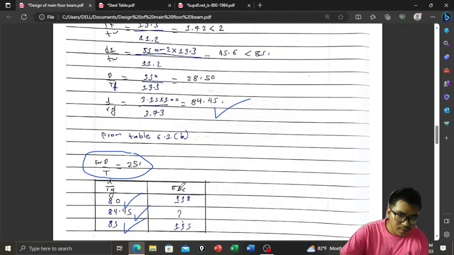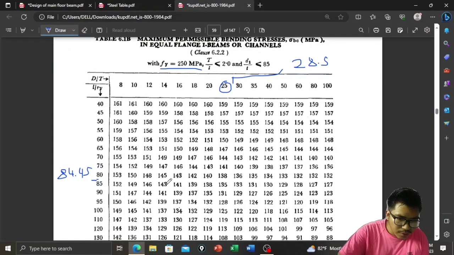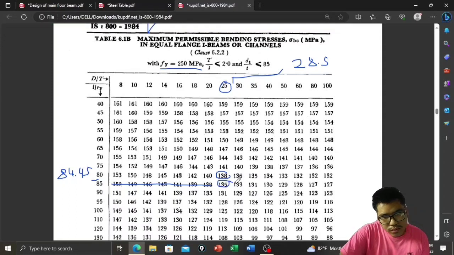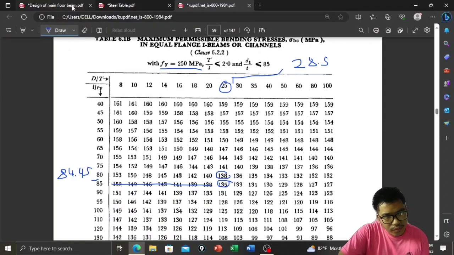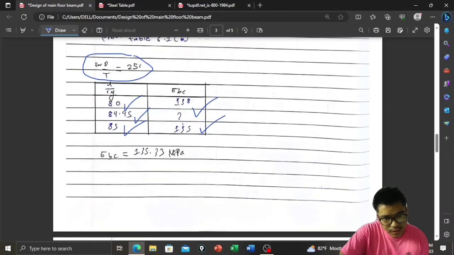For 80, sigma BC is 138, and for 85, sigma BC is 135. By interpolation, we get in between this 135.33.